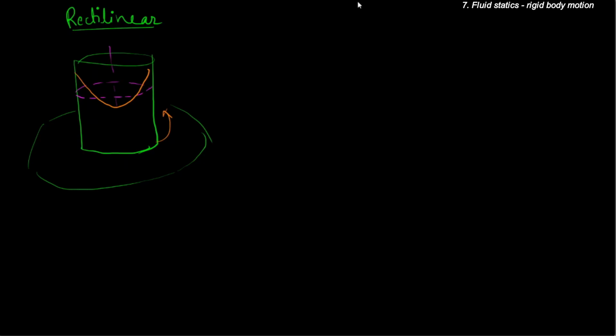For now, it is sufficient to know that this kind of rotation makes the body move with a constant velocity. So let us assume that the entire beaker is rotating with a rotational velocity omega. Our task is to find out the equation of this particular shape.